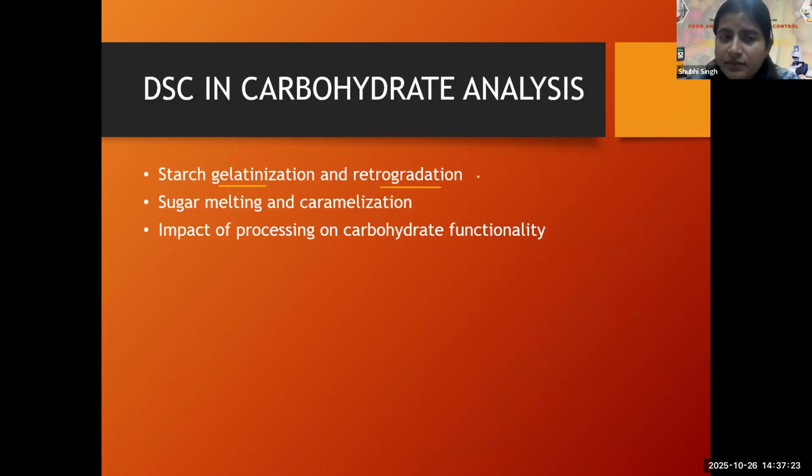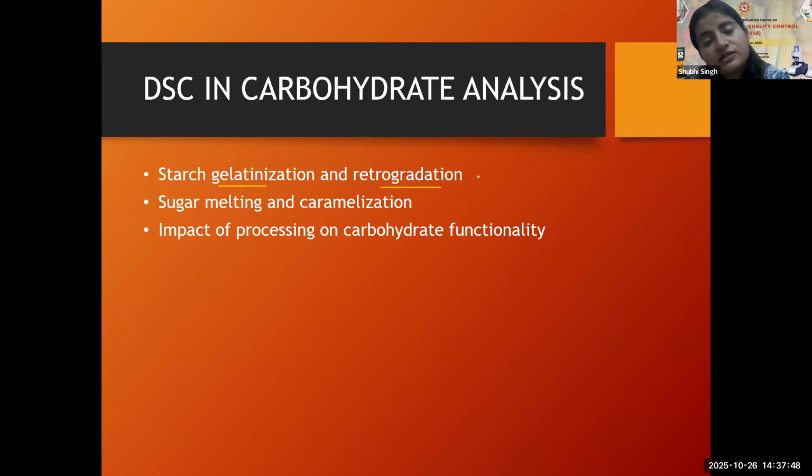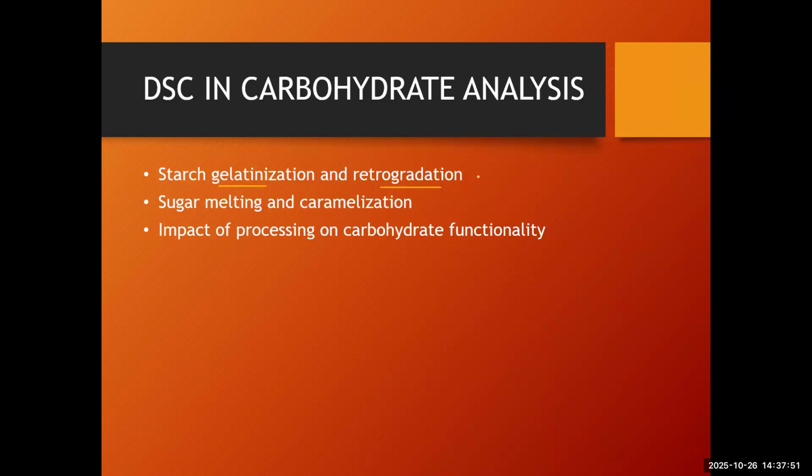So can anyone tell me what gelatinization and retrogradation are? You might have studied them. Whenever we are dealing with starch, we might have gone through these two terms. Swelling of starch is basically gelatinization.